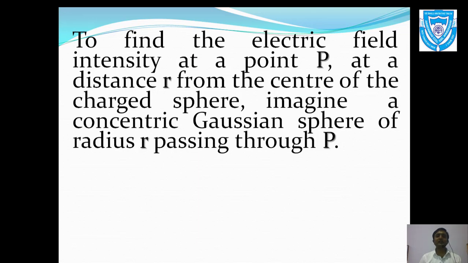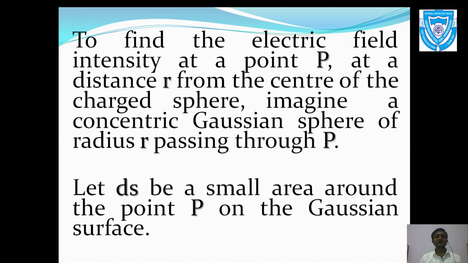To find the electric field intensity at a point P at a distance small r from the center of the charged sphere, imagine a concentric Gaussian sphere of radius r passing through point P, which will be an imaginary surface. A Gaussian surface is an imaginary surface which is used to find the electric field intensity outside the closed charge surface.